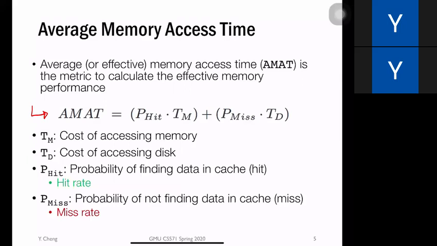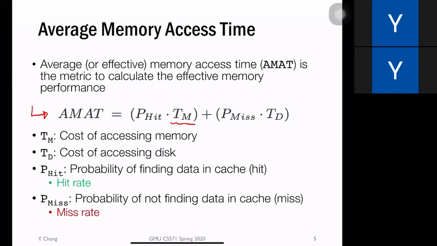If you take a look at TM, TM is the cost of accessing the faster part, which is the memory part, and TD is the cost or the latency of accessing the slower part, basically external secondary persistent storage, in our case hard disk drive, okay?